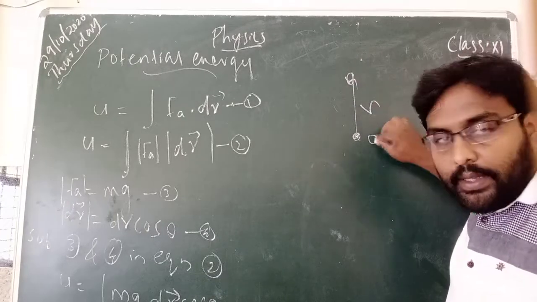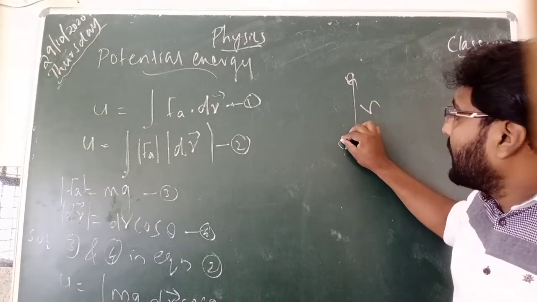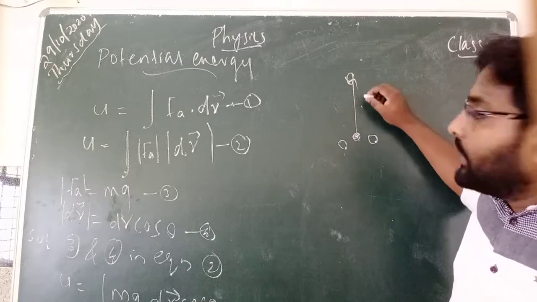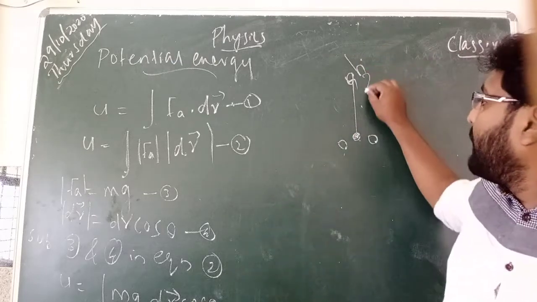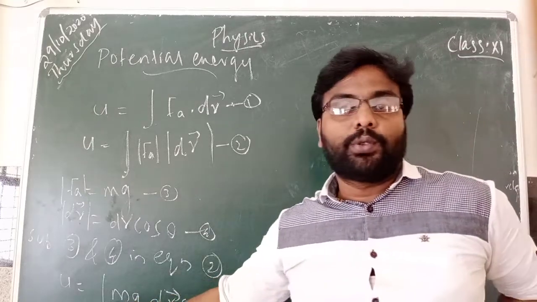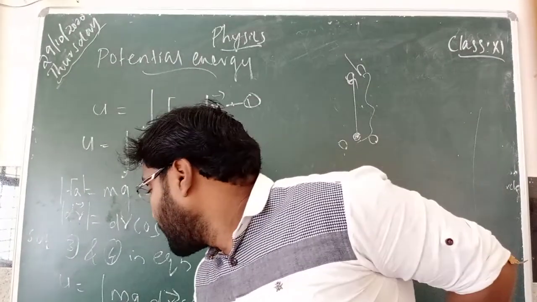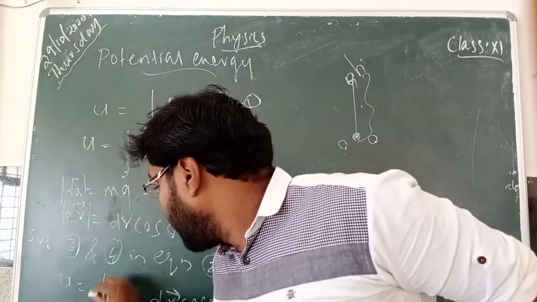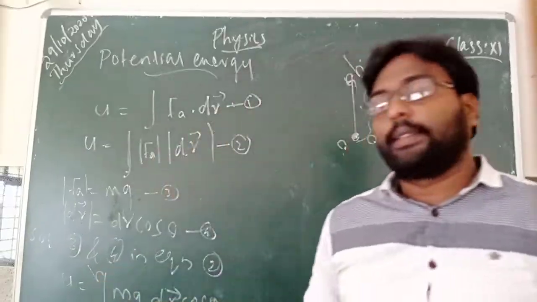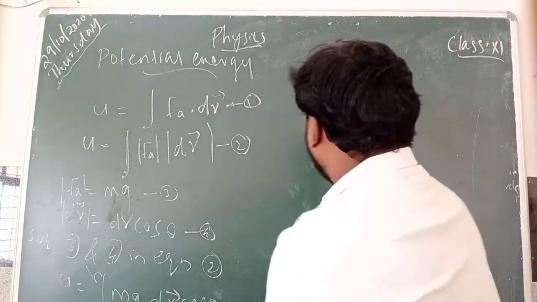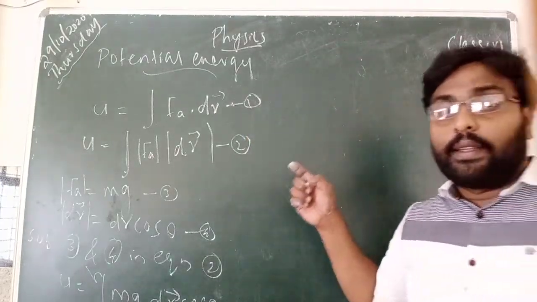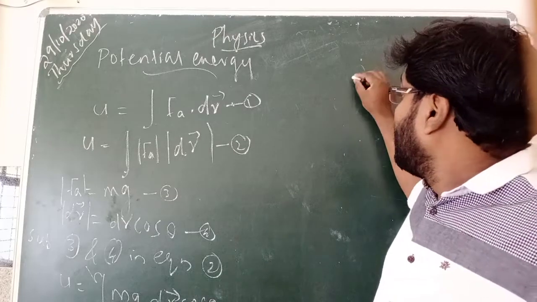So from this initial position, zero potential energy, it is lifted to some height. So this is the limit we can use to integrate this. You can put lower limit 0, upper limit h. I think you have understood this.